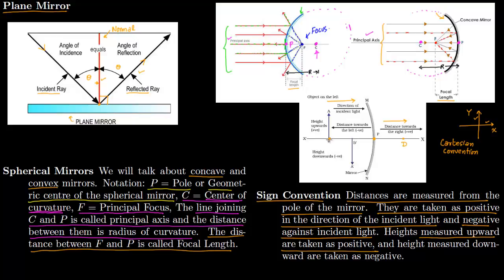If you measure the height upward from the principal axis, so this is the principal axis, height measured upward from here is positive and the height measured downward from the principal axis is negative. So height downwards is negative and height upward from the principal axis is positive.